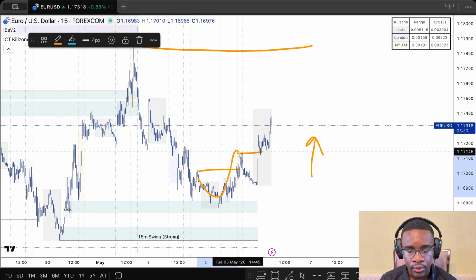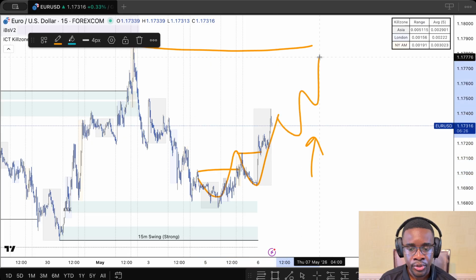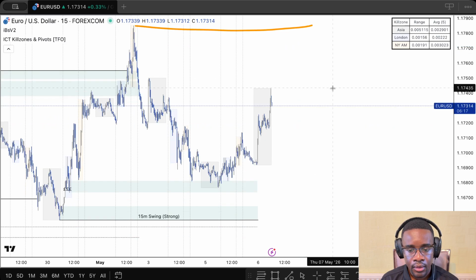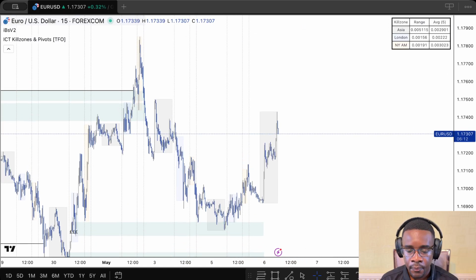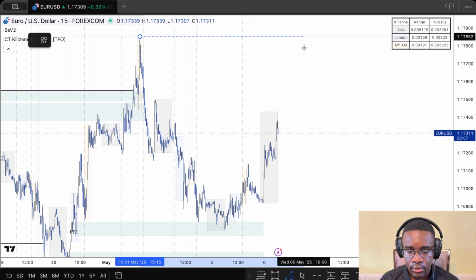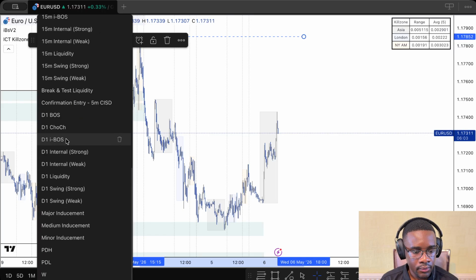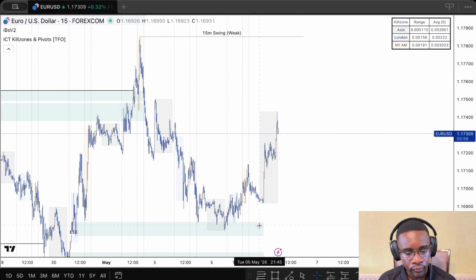So the expectation now is that price will continue bullish until at least it takes out this weak 15-minute swing high. So I'm going to mark out this area, 15-minute swing week.